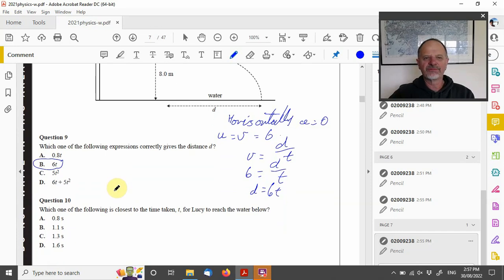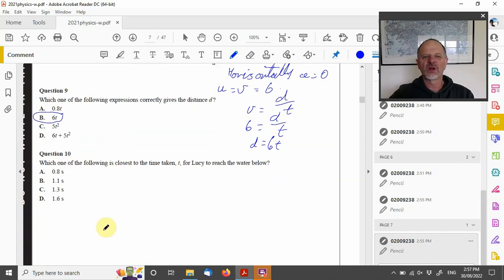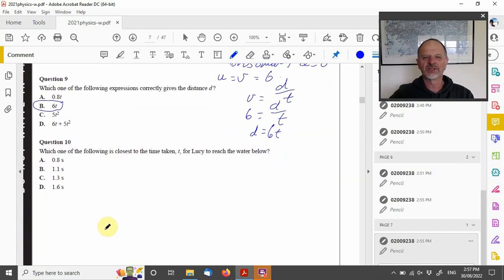Which of the following is the closest to the time taken for Lucy to reach the water below? Now we can look vertically, because we're now reaching the water. What we know is that the acceleration is 9.8.